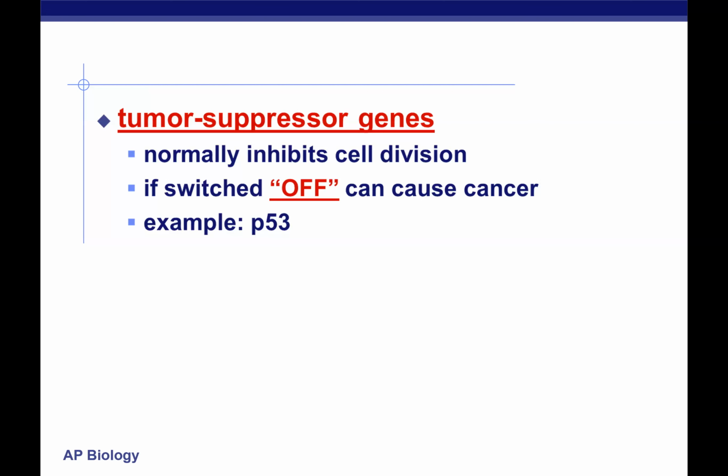They express only when a cell needs to divide. Whereas the tumor suppressor genes, their expression is continuously required to keep the cell in a non-dividing state. Okay, if you have understood, let us move forward.